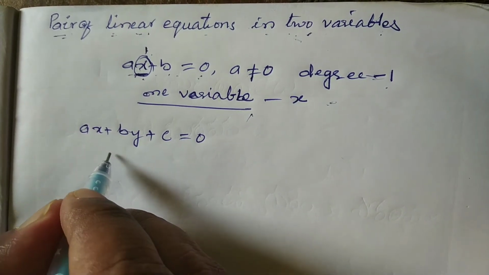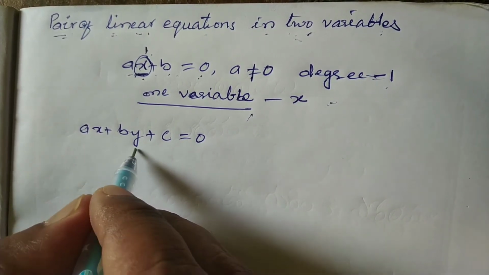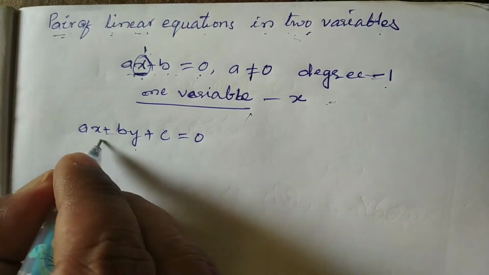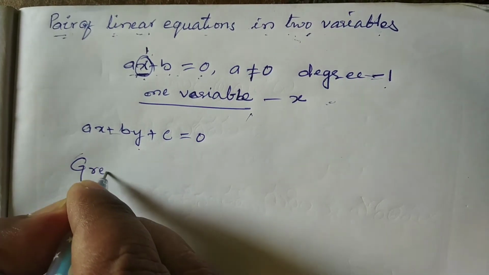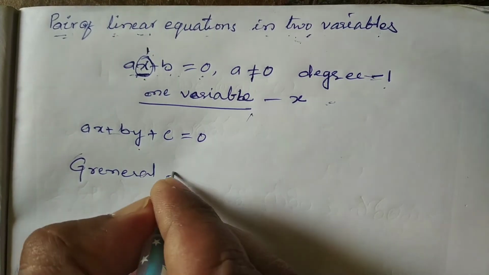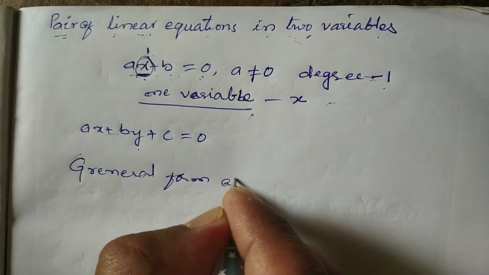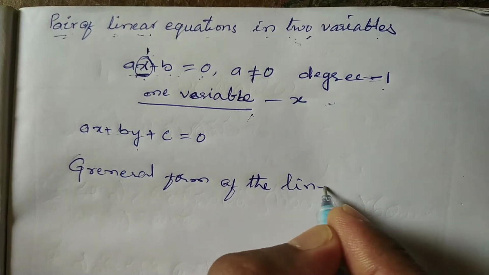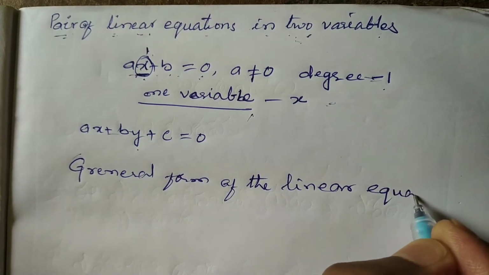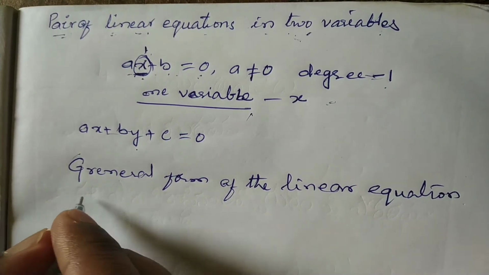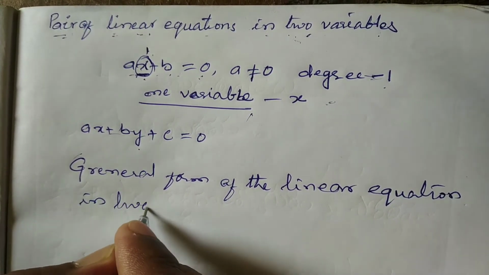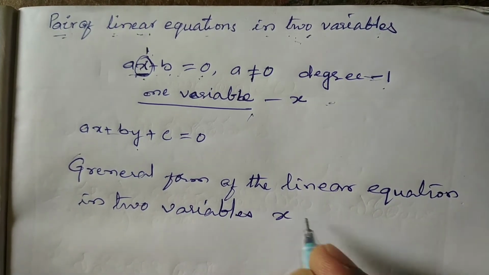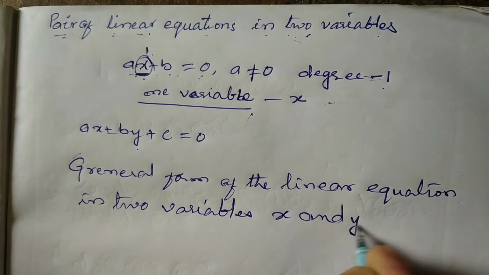This is the general form of the linear equation in two variables, x and y.